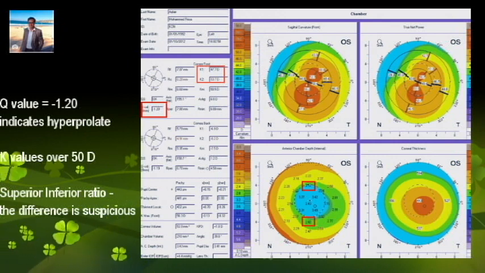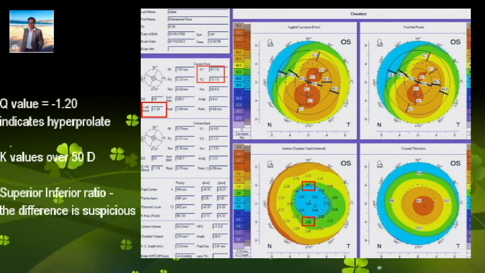One other thing we need to look into is the red boxes, which signify that the superior and inferior pachymetry difference is huge. The difference should not be more than 30 microns, but here the patient has more than 30 microns of difference, which is not acceptable.